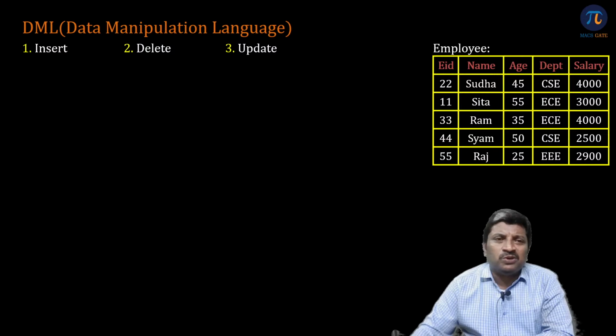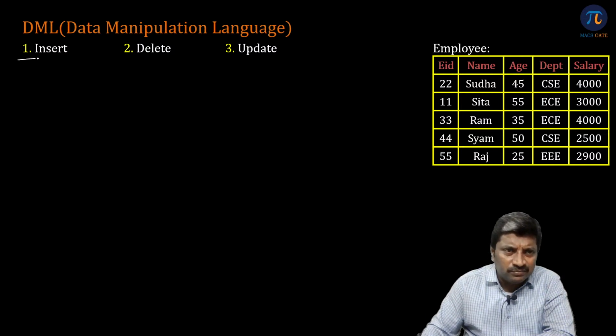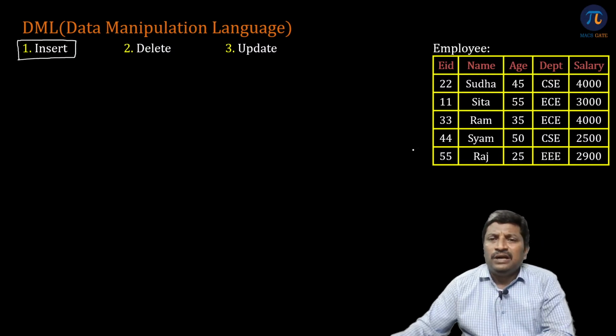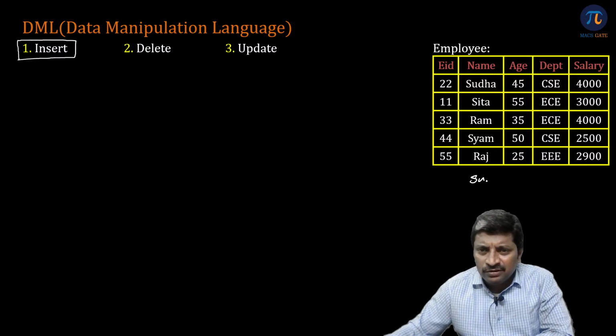Okay. Suppose I want to insert a record. Right? Let us assume Sita is already there, right? Let us assume I want to insert Suma. Let us assume our employee ID is 77, age is 20. Let us assume she is in CSC department.